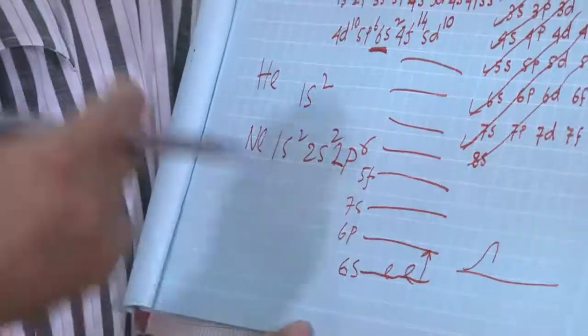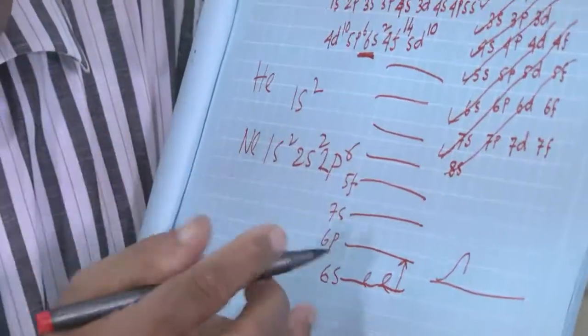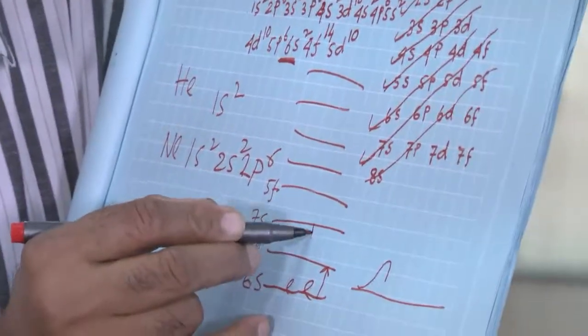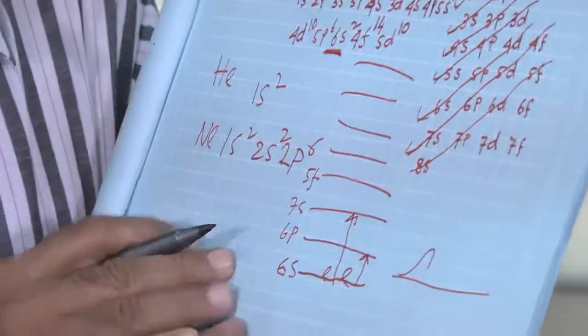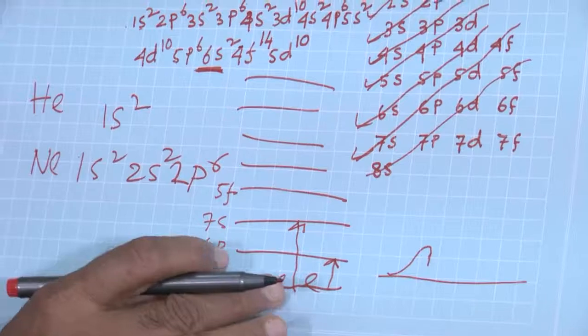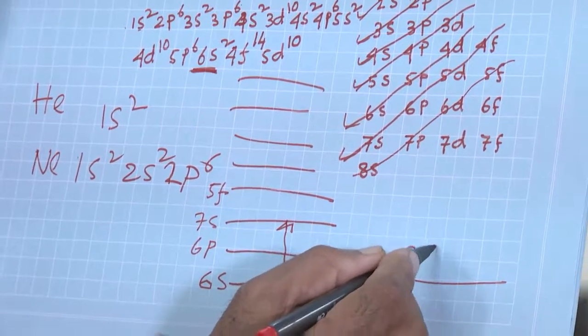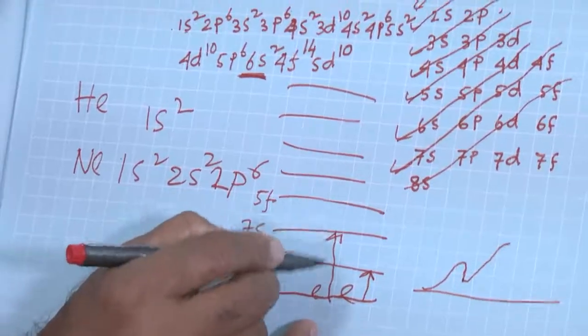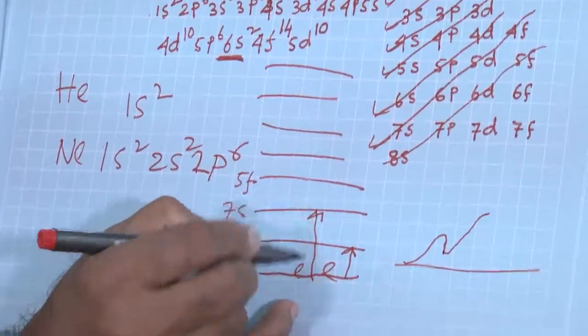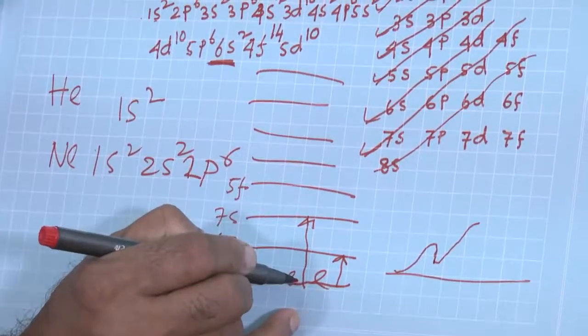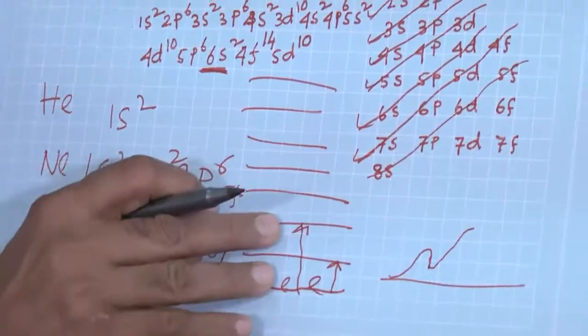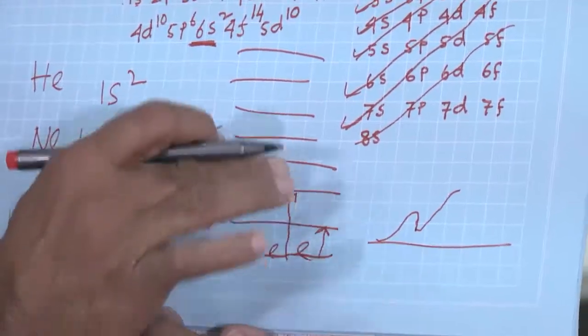Then you increase the energy, and when the energy is equal to the energy difference between these two levels, it will be absorbed and it will jump here.